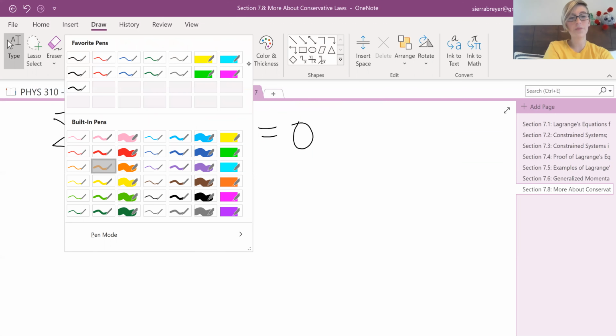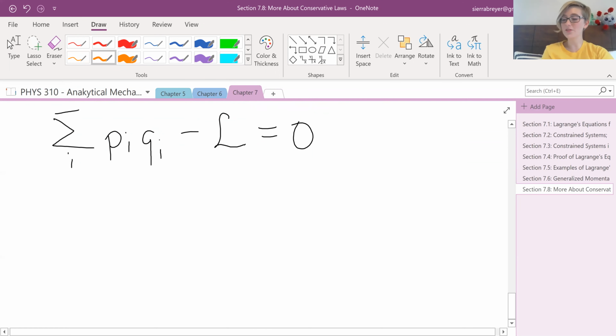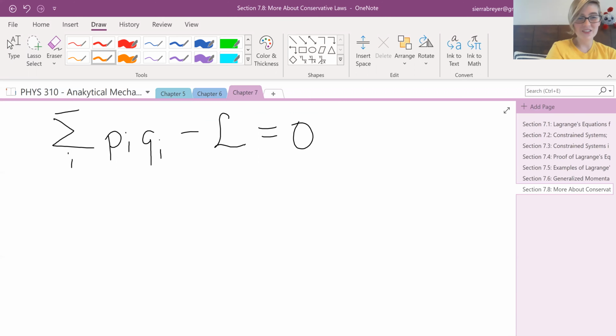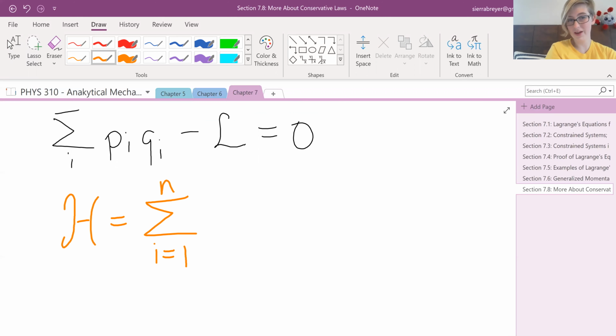All right. So then I'm going to bring up this totally new thing. It wants us to know the Hamiltonian of a system, which we've kind of used before. This is a different Hamiltonian of a system, so that is fancy H. It's going to be equal to the sum from i equals 1 to some number n of p_i q_i dot, oh sorry, they had factored the time derivative back in, to make my life weirder.